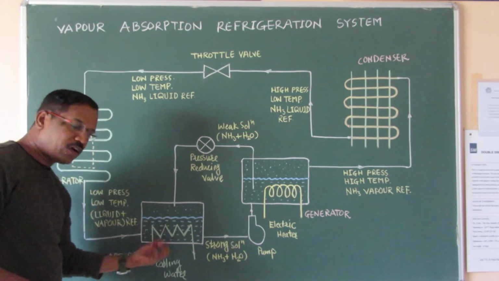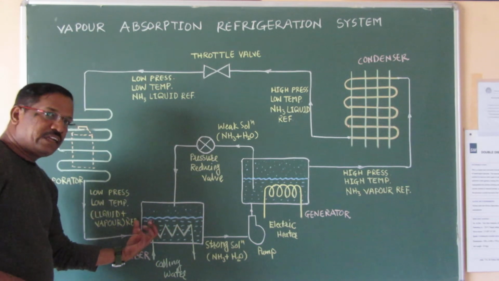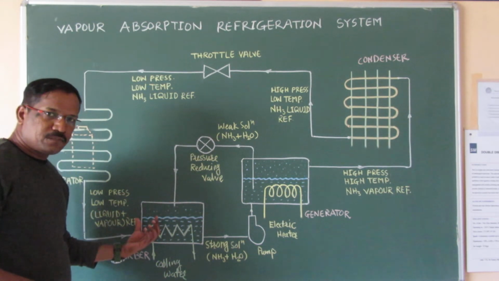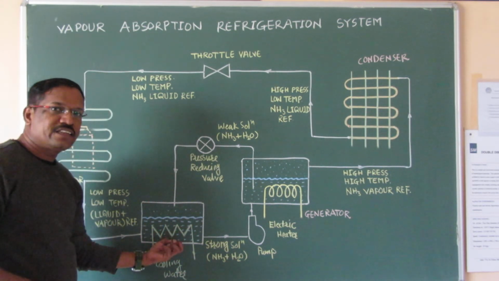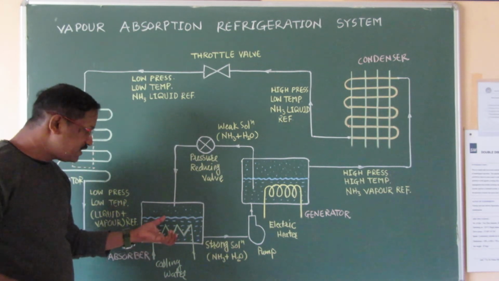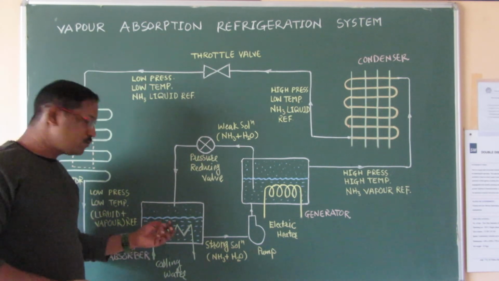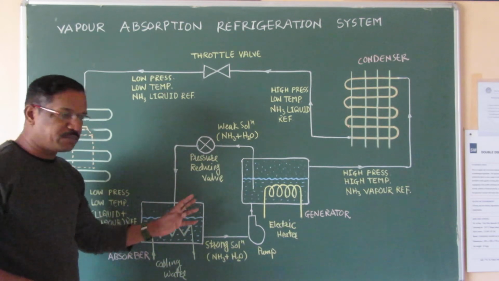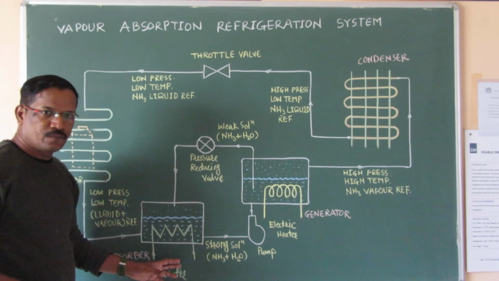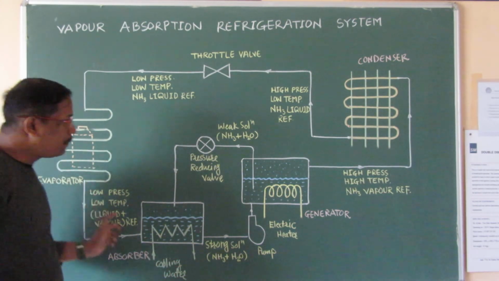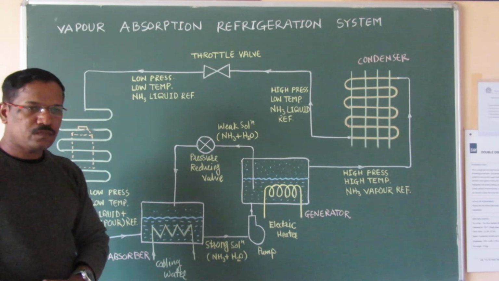But during absorbing these vapors, what happened? Heat is also released from the vapors. So this weak solution in the absorber gets heated, and as its temperature rises, its absorbing capacity reduces, so we have to maintain its temperature. For that we provide cooling water. So this is the complete cycle of the vapor absorption refrigeration system.